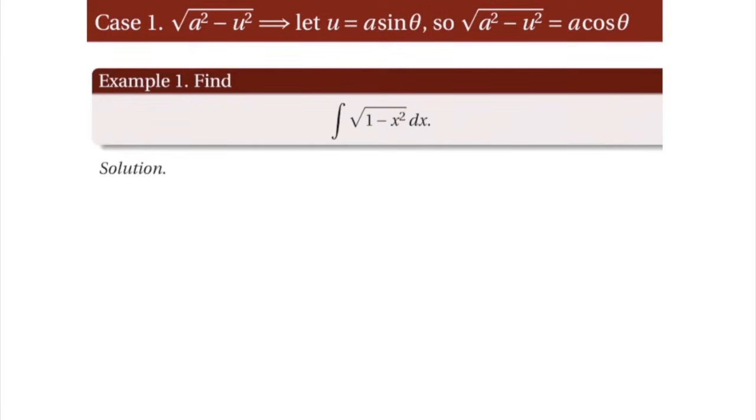So, to start with our solution, again, meron tayo ditong integrand of the form square root of a squared minus u squared. So, gamitin natin yung substitution na u equal to a sine theta. So, ano yung u? Ano yung a natin?